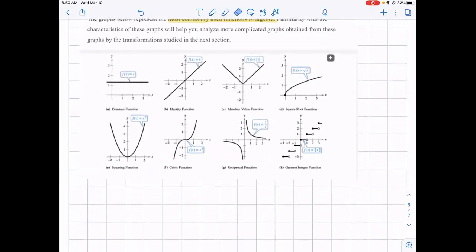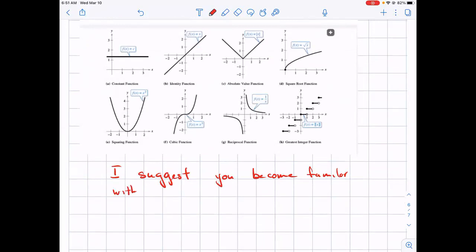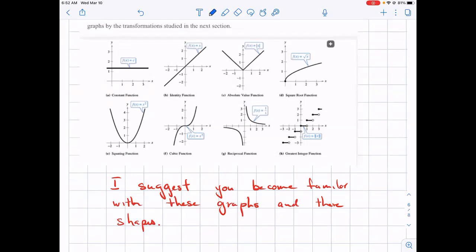So please make sure you become familiar with these graphs and their shapes. We want to make sure we become very familiar with these graphs and what the shapes look like.